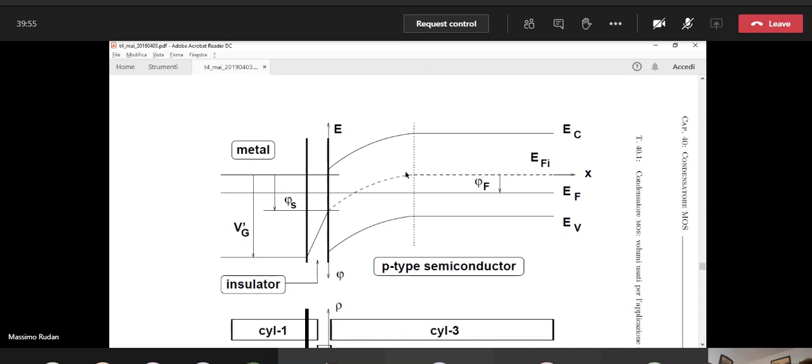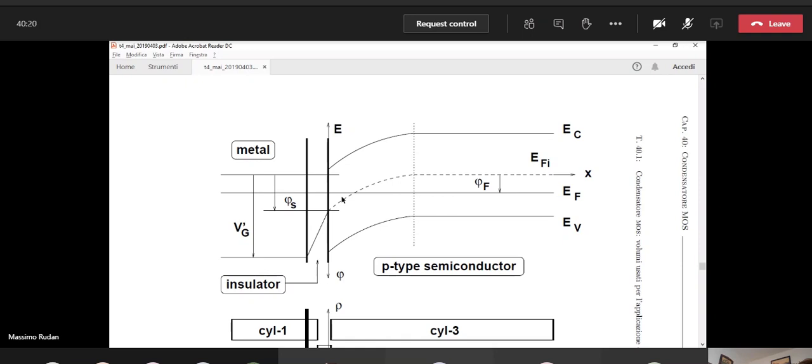And then we have a space charge region here, which is substantially depleted of holes, and there are not so many electrons. So in this respect, the situation is similar to that on one of the two sides of a p-n junction.